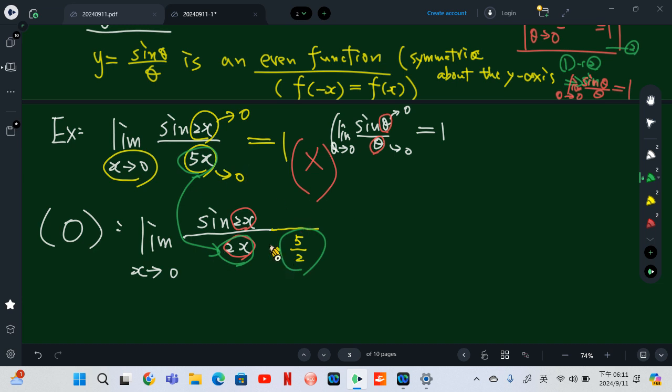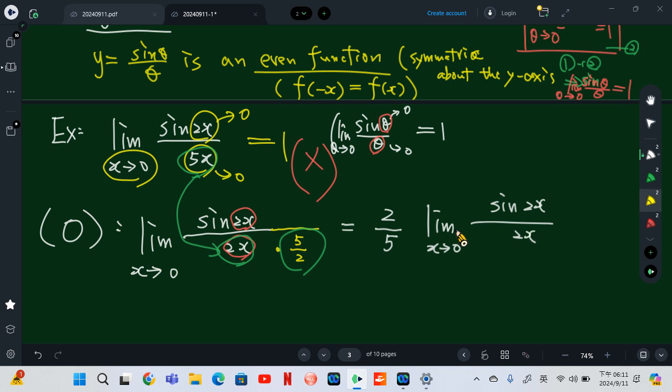So that will come back to 5x, right? But since it is a constant, we can move it outside, and it becomes 2 over 5, then the limit as x approaches 0 of sine 2x over 2x.